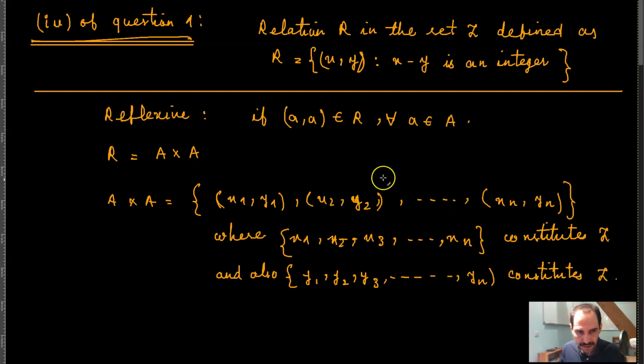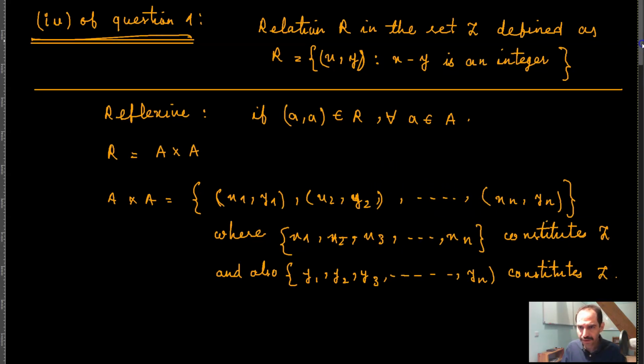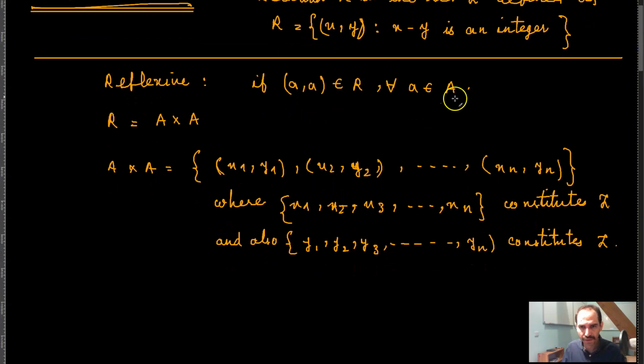Therefore you can say that for every a belonging to the set of integers, a comma a belongs to R, which means that R is reflexive.